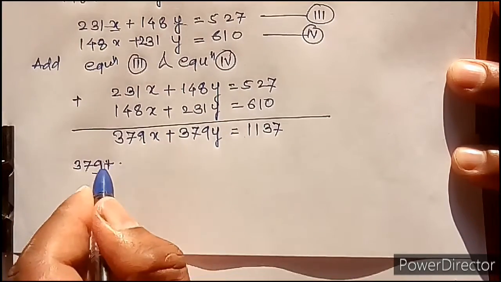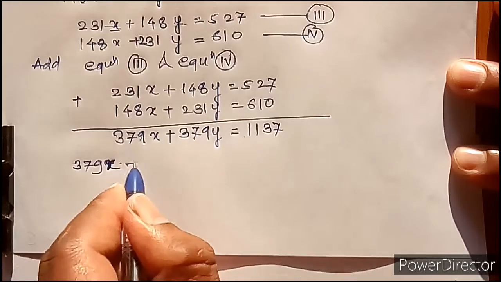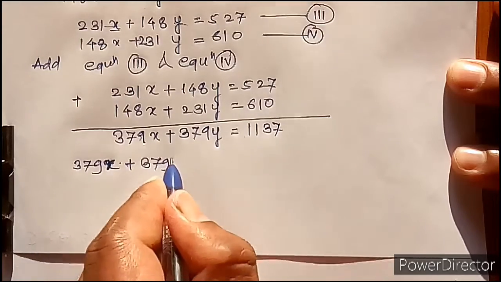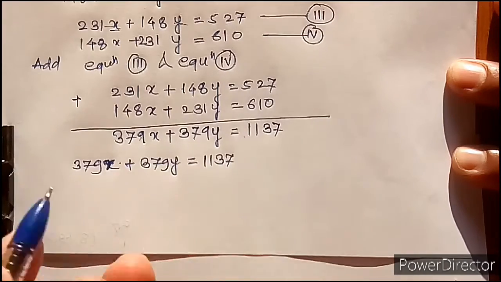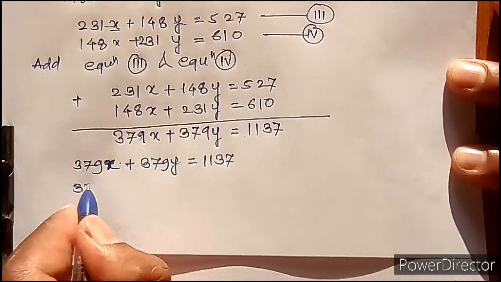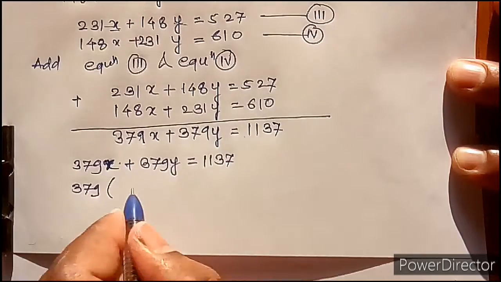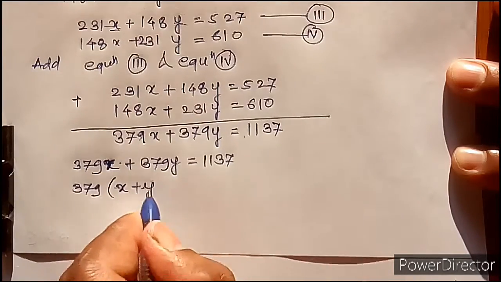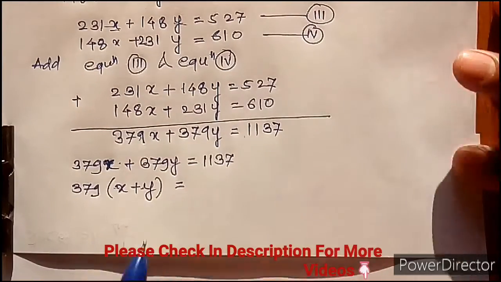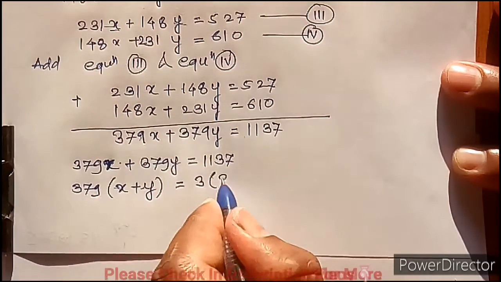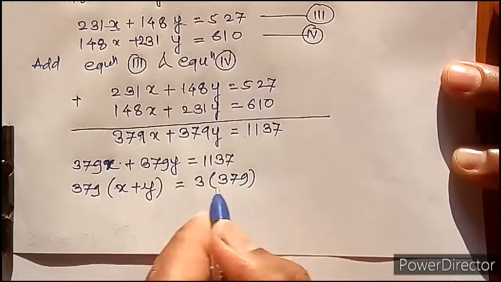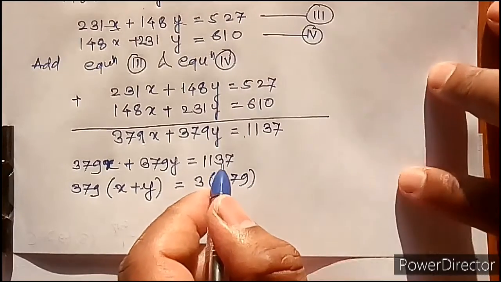Now here we get the equation, that is 379x plus 379y equals 1137. Now here 379 is common, by taking it common, here remains x plus y, and this 1137 is a multiple of 379, that is 3 into 379 we will get 1137.